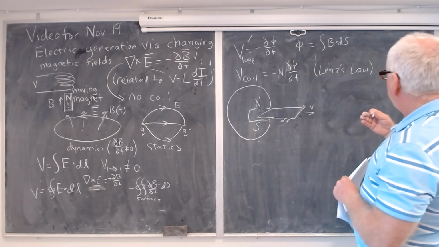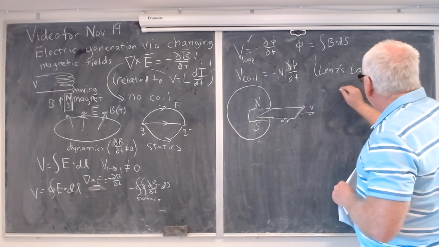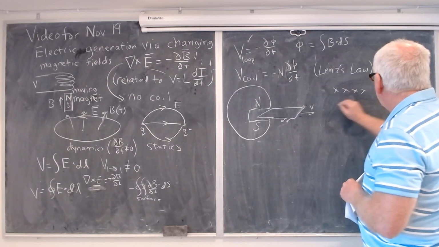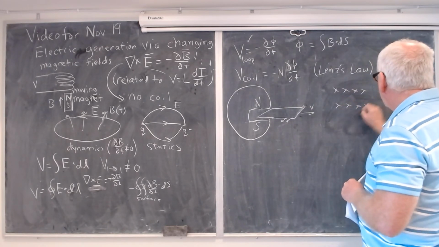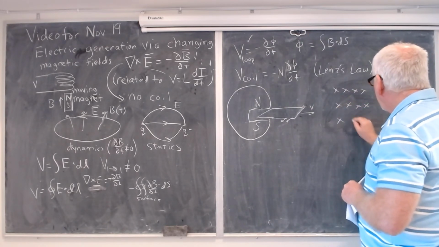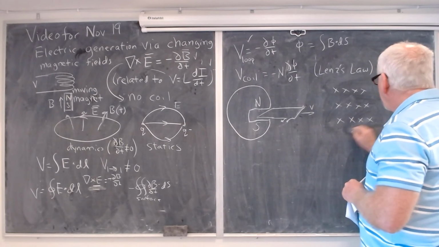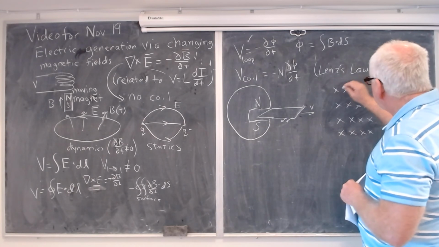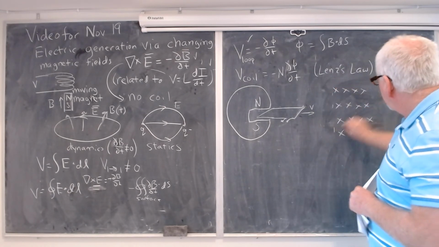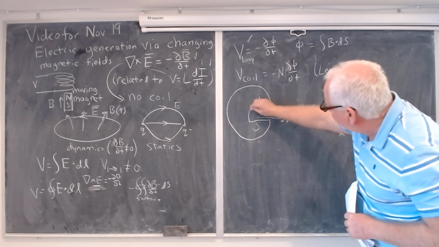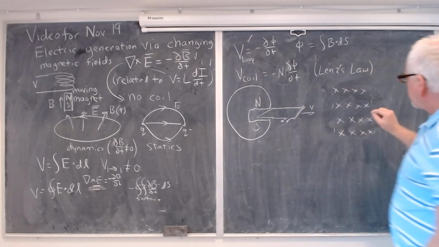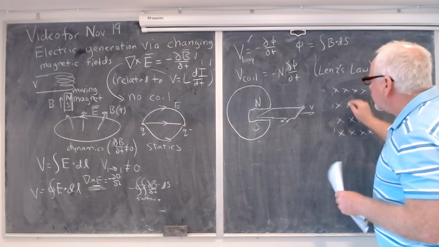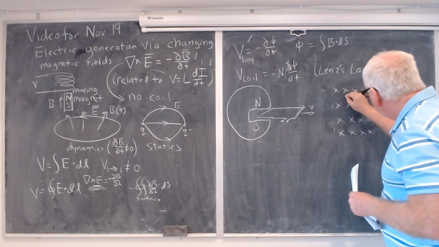And so north is out of the board here, and so I have a magnetic field, okay. So this corresponds to that face there of the magnet. And so my magnetic field is pointing into the board. And now what I do is I'm going to draw my coil.